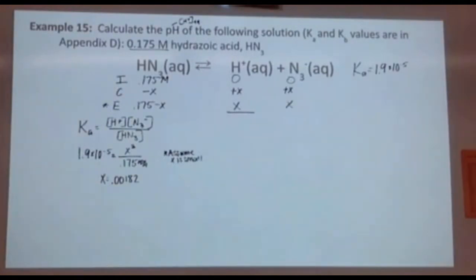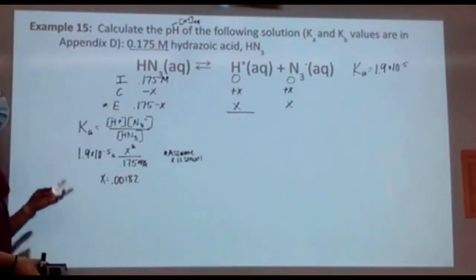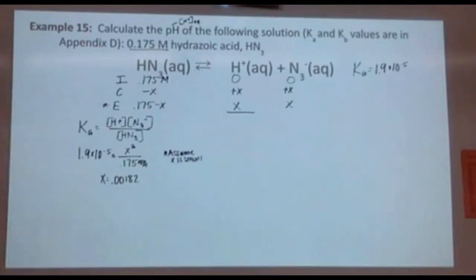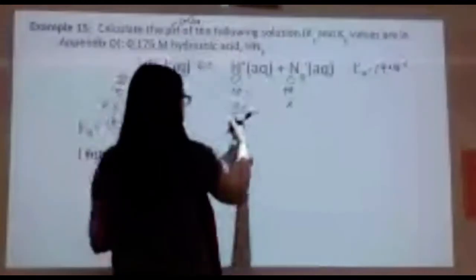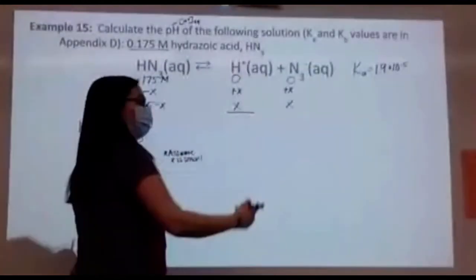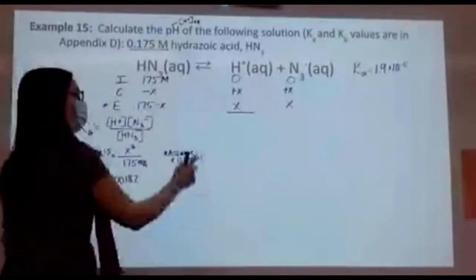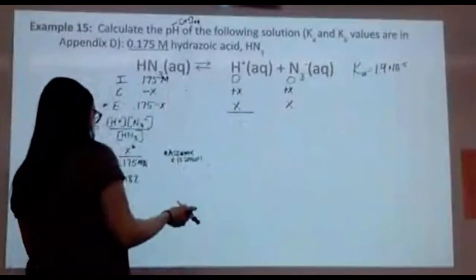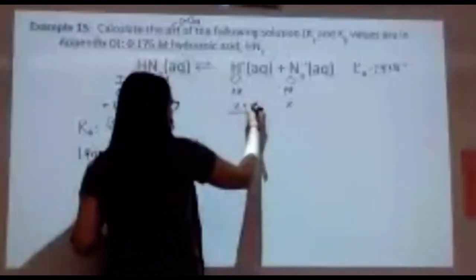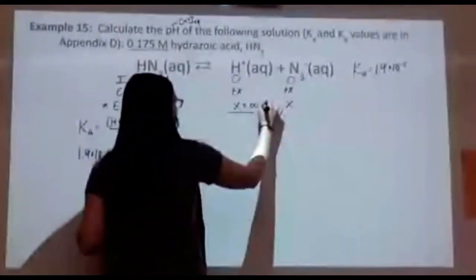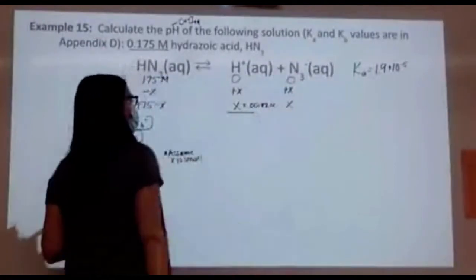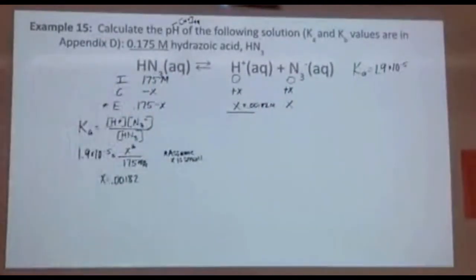Now, I need to think about what X is. I want to solve for what the problem asks. This is why I underlined what I needed to help me. I underlined the H plus concentration. Well, the H plus concentration is 0.00182 molar. Now, why is that helpful?